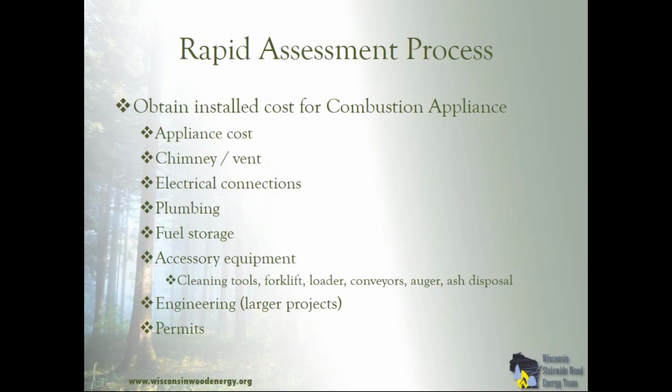So the next step is to obtain a cost for the unit. So I got the appliance, I got the chimney, electrical connections, plumbing, fuel storage possibly. I may need some accessory equipment. In larger situations, you may have to have engineering study to decide what size all this stuff is.